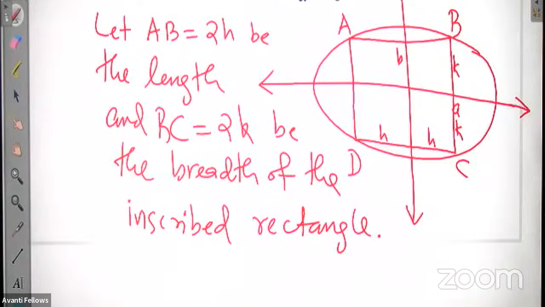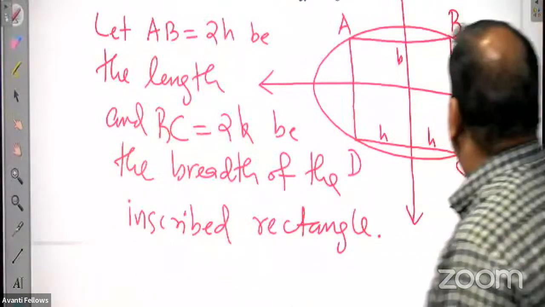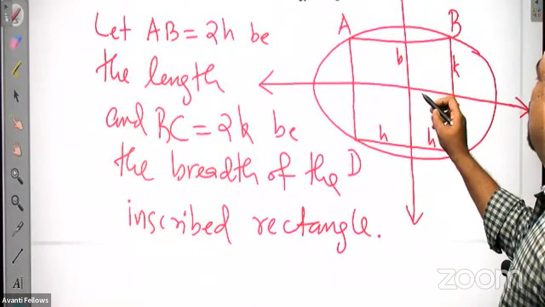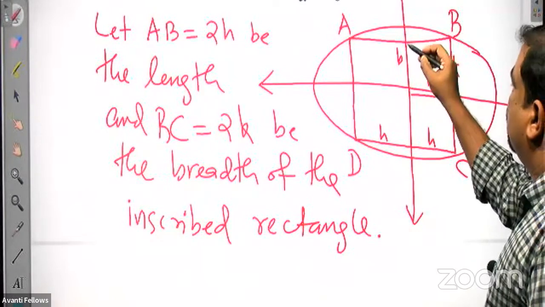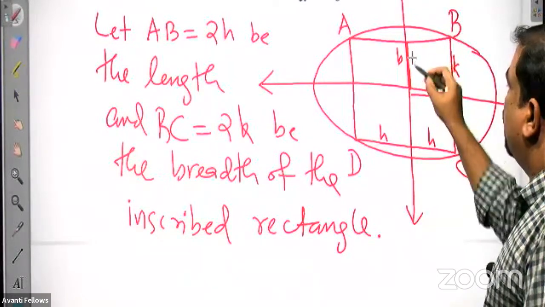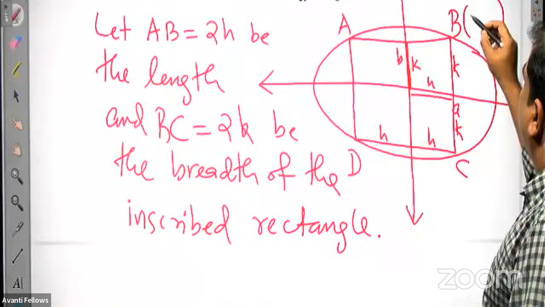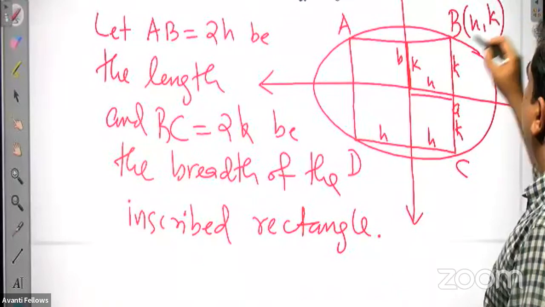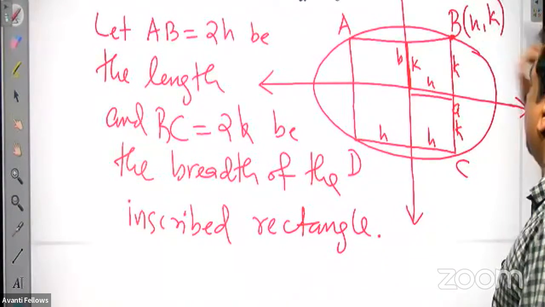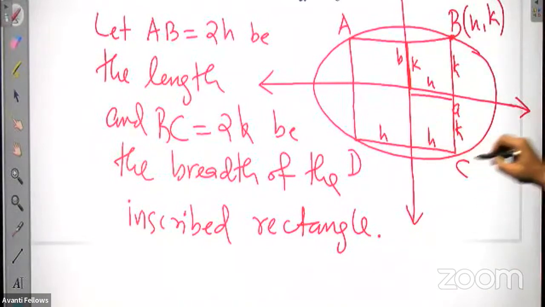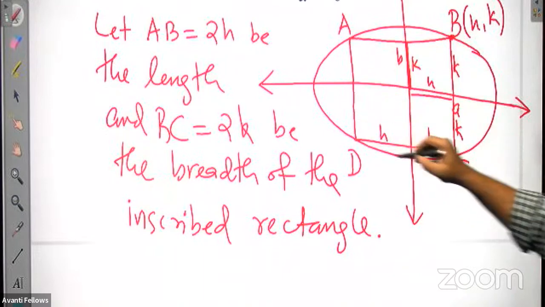Why have I taken length 2h and breadth 2k? You can very easily understand it. So that this distance will be h and this distance will be k. So the coordinate of B will be h comma k. So h comma k is a point on this ellipse, so it must satisfy the equation of the ellipse.